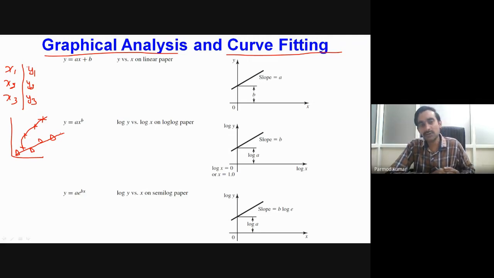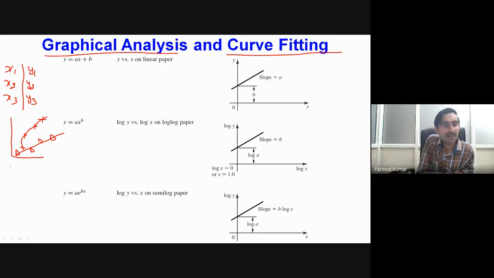One important point I would like to highlight: whenever we plot our experimental data on graphs, if we have a linear trend, that is easiest to identify. Apart from linear, if we have any other formulation between the two parameters, we cannot identify it by just visual inspection.